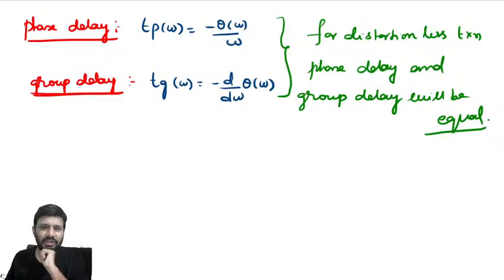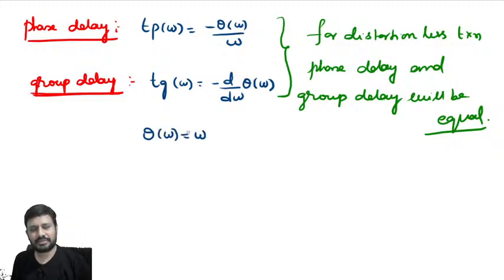Distortionless transmission means what? Magnitude response must be constant and phase must be a linear function of frequency. Okay, phase must be a linear function of frequency. So for a distortionless transmission, phase must be linear. Theta of omega is equal to omega, this is in the form of y is equal to x, a linear relation.